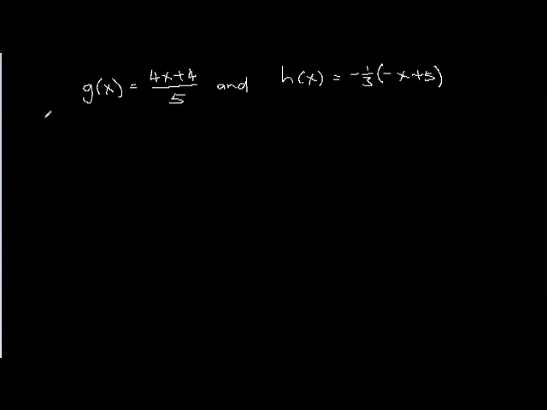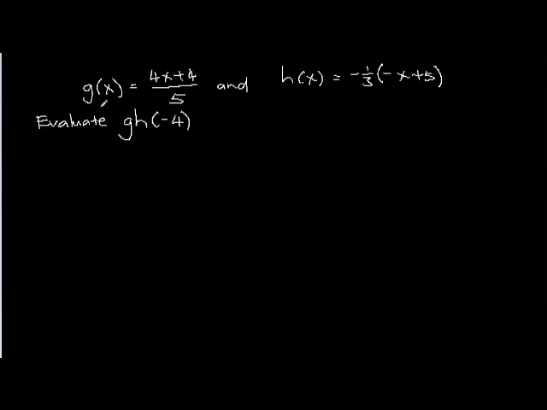The functions that we are going to deal with are function g such that x is mapped onto (4x plus 4) over 5, and function h such that x is mapped onto negative 1/3 times (negative x plus 5). We need to evaluate g(h(negative 4)).